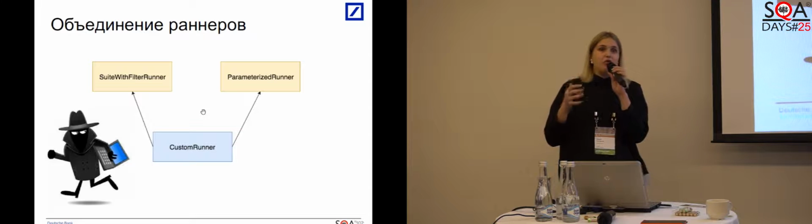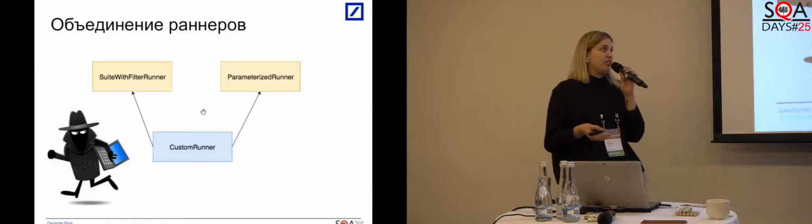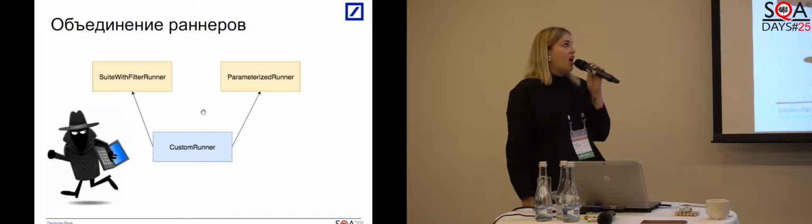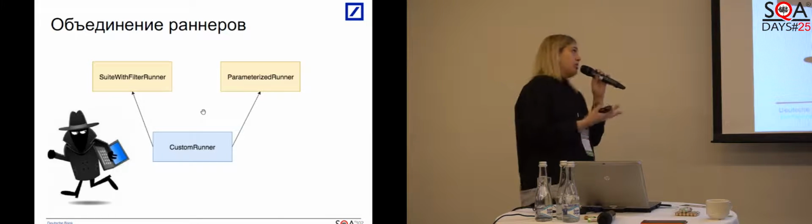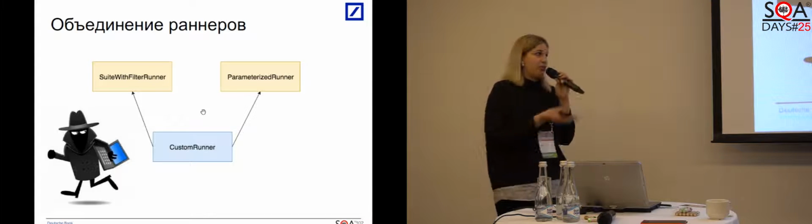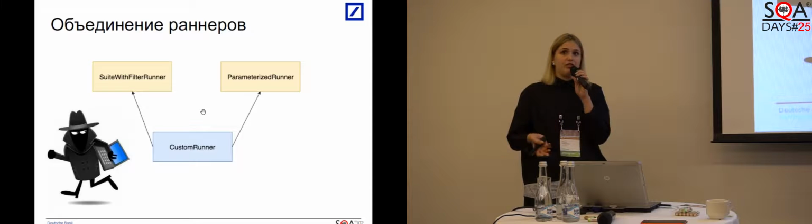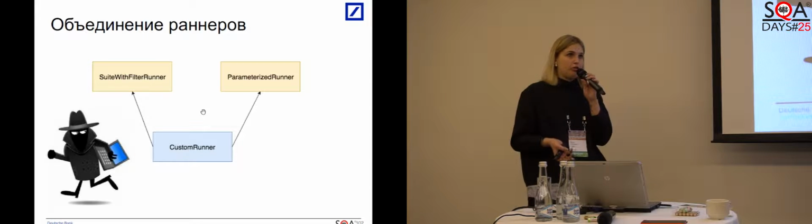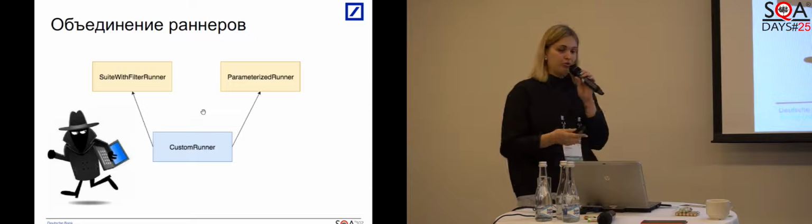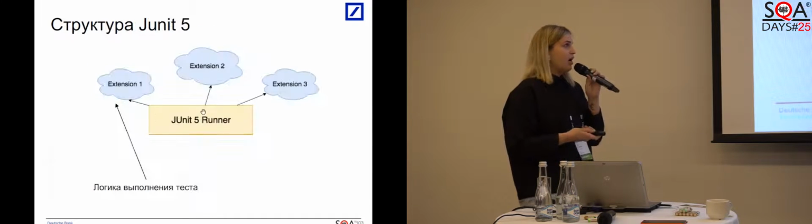You cannot just take functionality from 2 or 3 test runners simply because in Java such multiple inheritance is prohibited. To have this filtration or additional features, you simply need to copy the code from the test runner, which is not good because sooner or later things will not be compatible anymore.